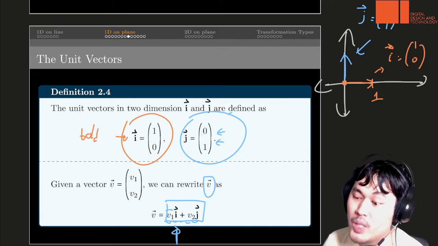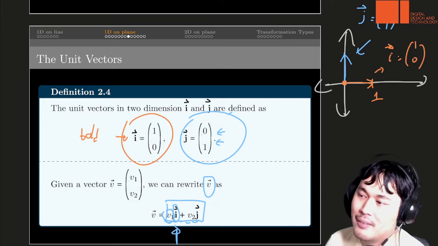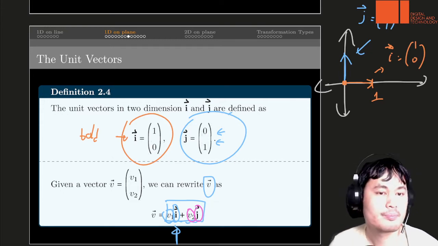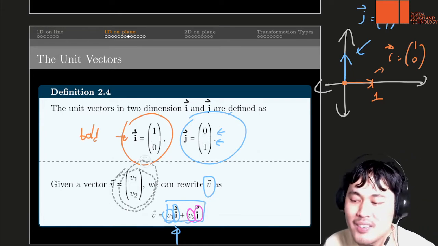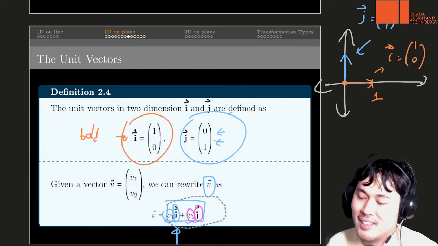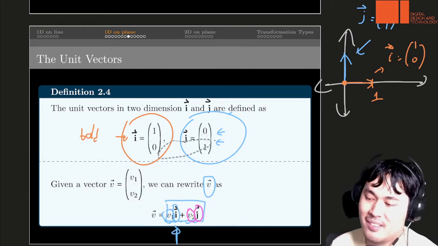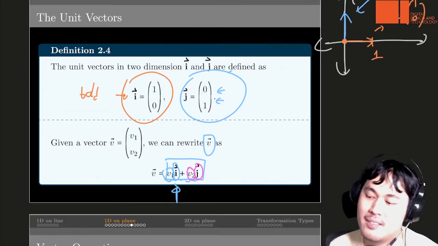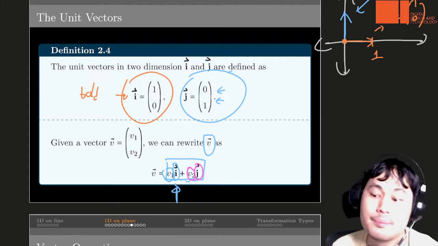So you move v1 steps to the right, and then that's the addition, plus. You move v2 steps up. So in one way, it's more intuitive than this number. It's like reading from left to right. On another way, it's maybe too abstract. But yeah, just a fun fact, I guess, in case you see that somewhere else in your life.